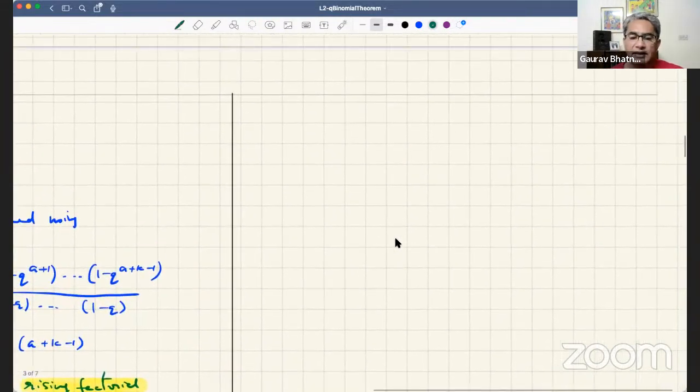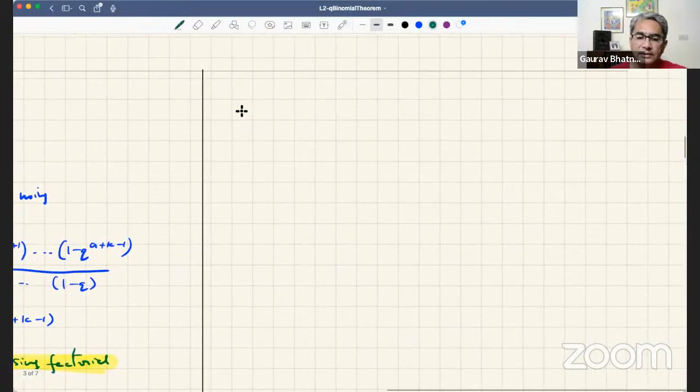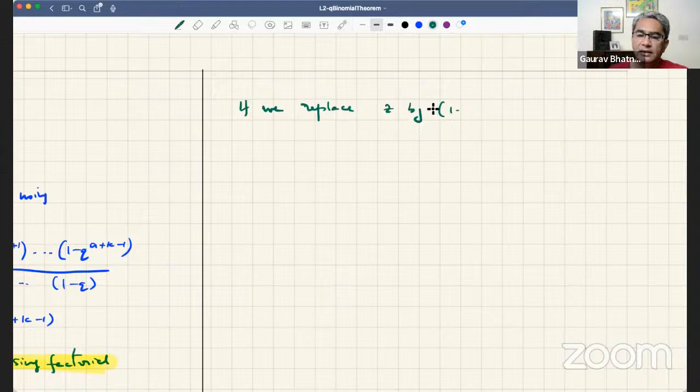Now, in this result, suppose we replace z by z times (1 - q) and then take the limit.